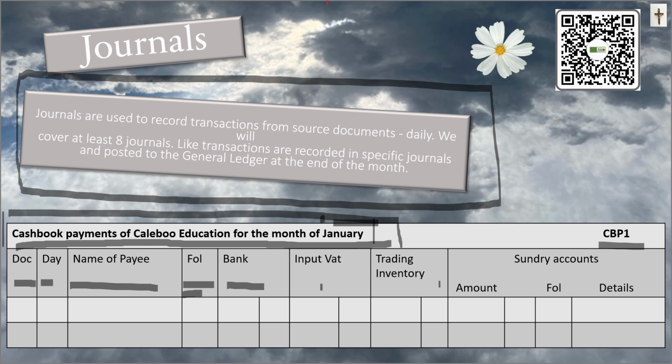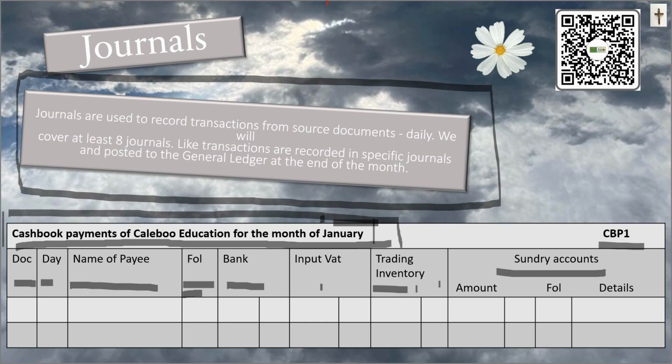A journal will have a column if, let's say for example, trading inventory is bought on a regular basis. So lots of transactions take place with regard to trading inventory, so it will warrant its own column. Some transactions that only take place maybe once a month will appear under sundry. So this is an example of a journal, the cash book payments.